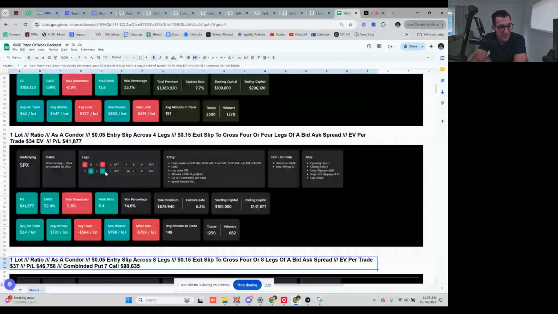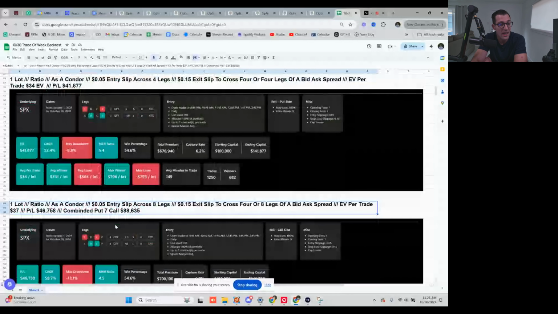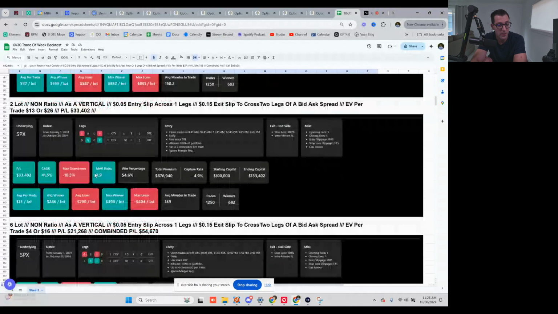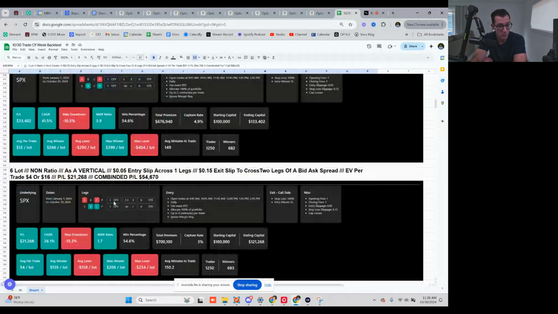Now, to further exacerbate this, let's test these as a one lot. So this same thing, this is a one lot, except we're doing 2 contracts at a time. So we'll be paying that 5 cent entry slippage twice instead of just once. Here we have an expected value of $33,000. Then on the call side, we are doing a 4 lot, which again is the exact same as a combo, except this time we're paying 5 cents across that bid ask 4 different times.